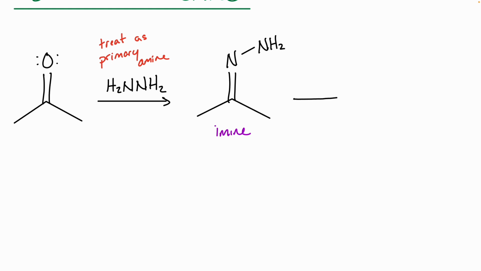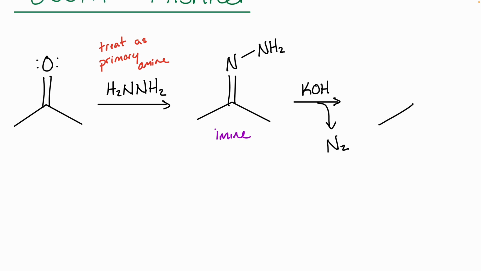Really, what makes a Wolff-Kishner reaction is first doing this hydrazine step, but then treating this with KOH. We're not going to look at any mechanism, but what happens is you will lose a nitrogen gas molecule. Those nitrogens will come off of that molecule, and you'll be replaced with just hydrogens.